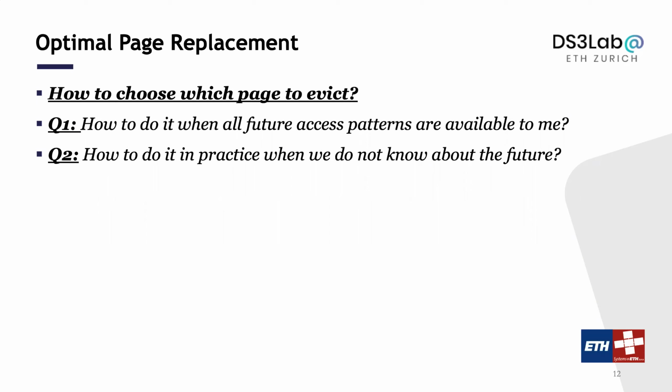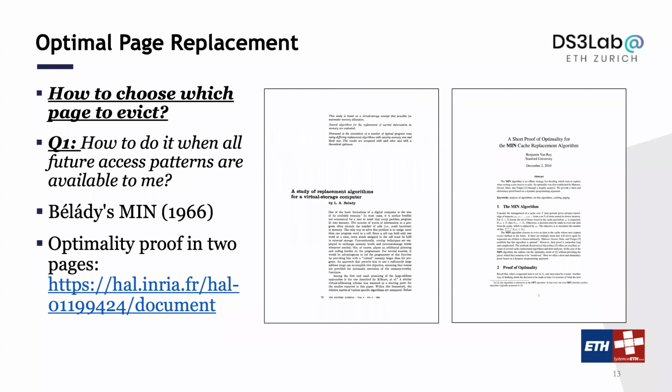This is actually going to give you the optimal strategy to evict the page, because here you know the future, so you can actually optimize for it. And the second question is, in practice, when we do not know about the future, what can we do? So let's talk about the first question first.